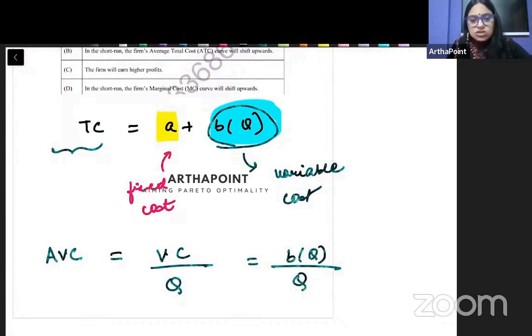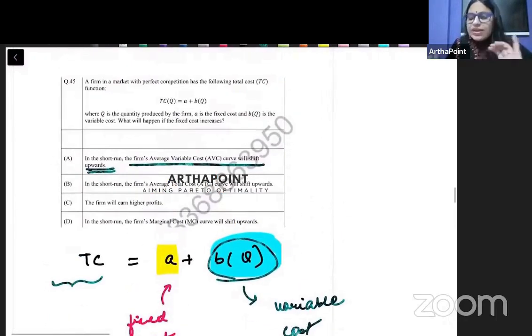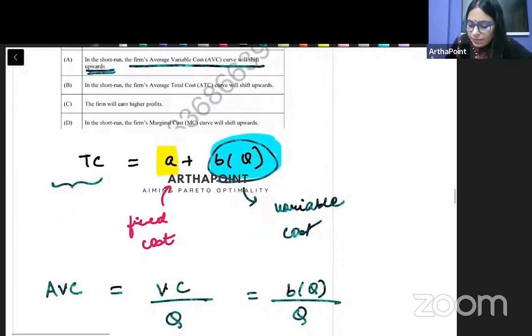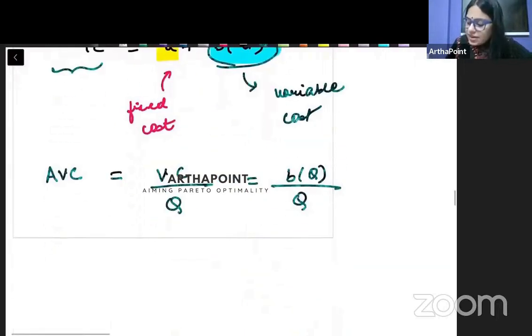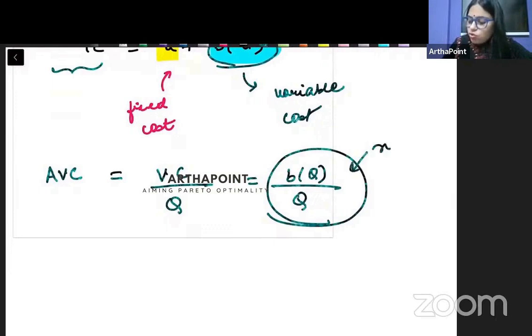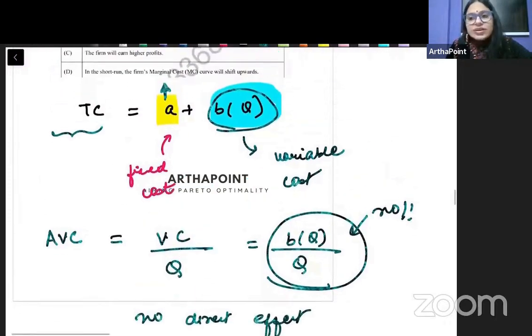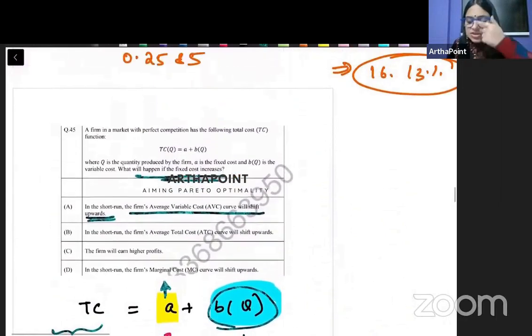Is A coming anywhere in this variable cost part? No. So it says what happens if fixed cost increases. So when this A will increase, will it affect this in any way? No. There is no direct effect.